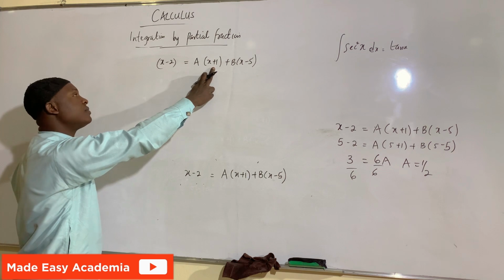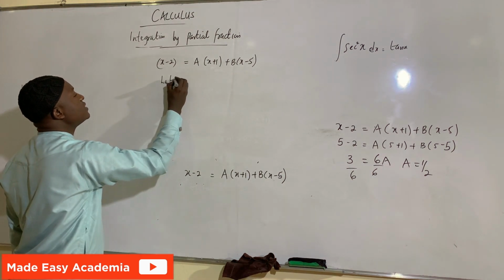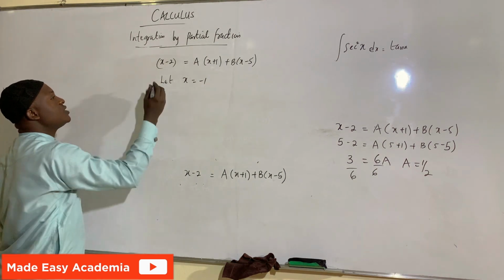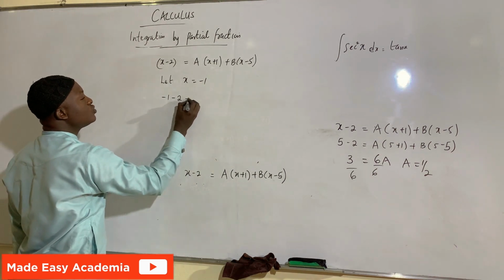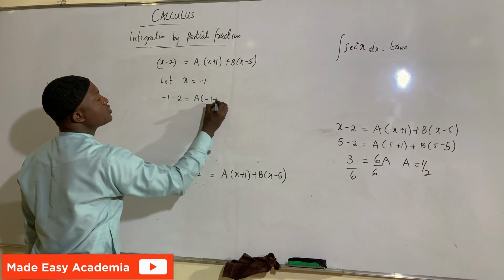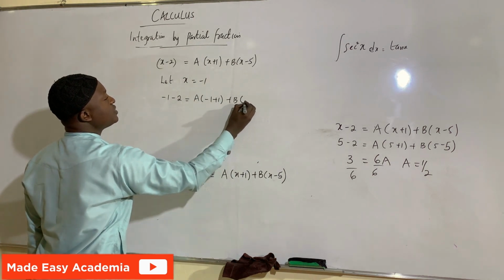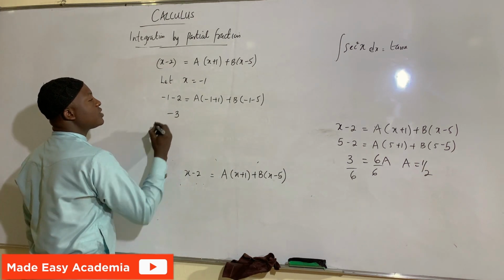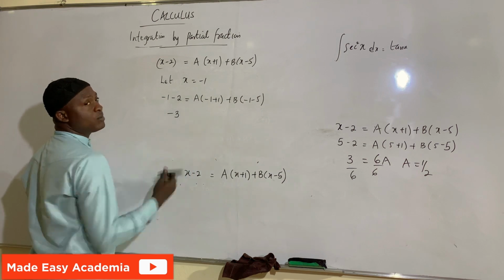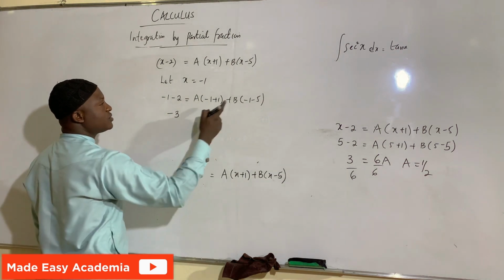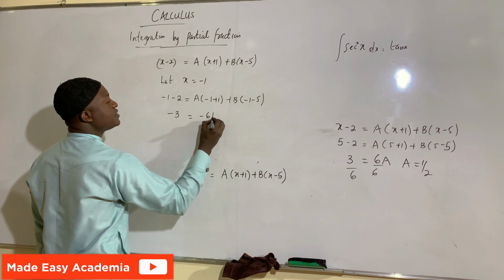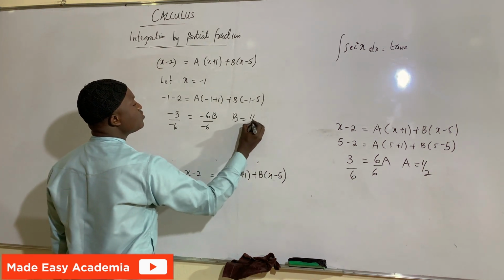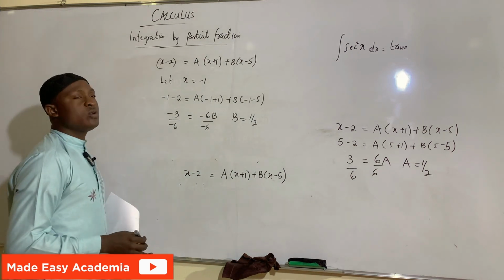So let x be minus 1 so that I can find the value of B. Here we have minus 1 minus 2 is equal to A bracket of minus 1 plus 1 plus B bracket of minus 1 minus 5. Minus 1 minus 2 is minus 3, and minus 1 plus 1 is 0, so we have minus 6B left. Dividing by minus 6, B is equal to 1 over 2, which is half.